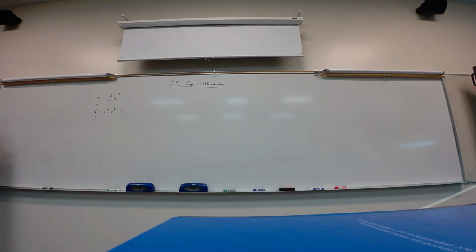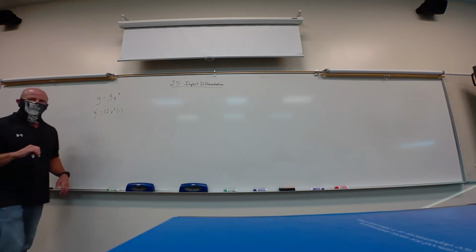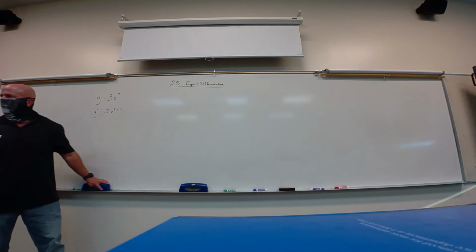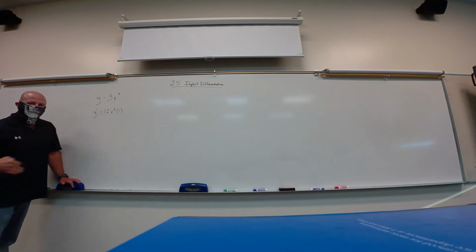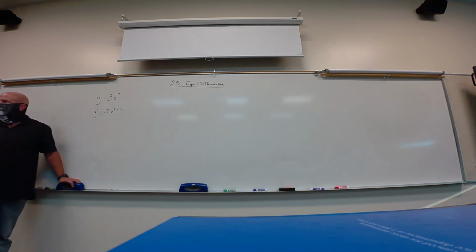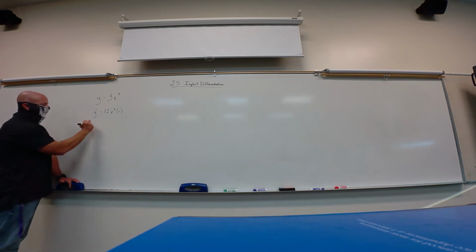Everybody agree with that? Okay, where'd the 1 come from? The inside piece. There's that chain rule. Pretty basic derivative, right? We don't really need the 1, but we need to make sure we're understanding to look back inside.